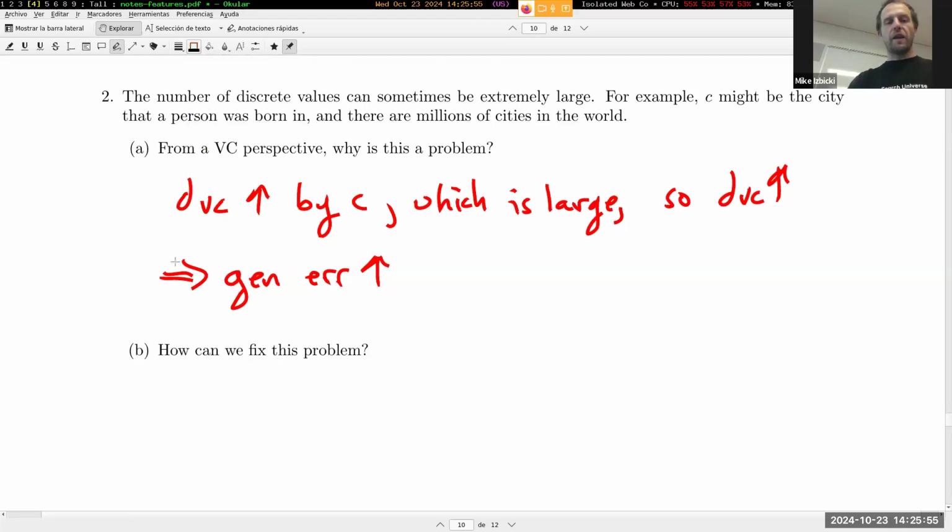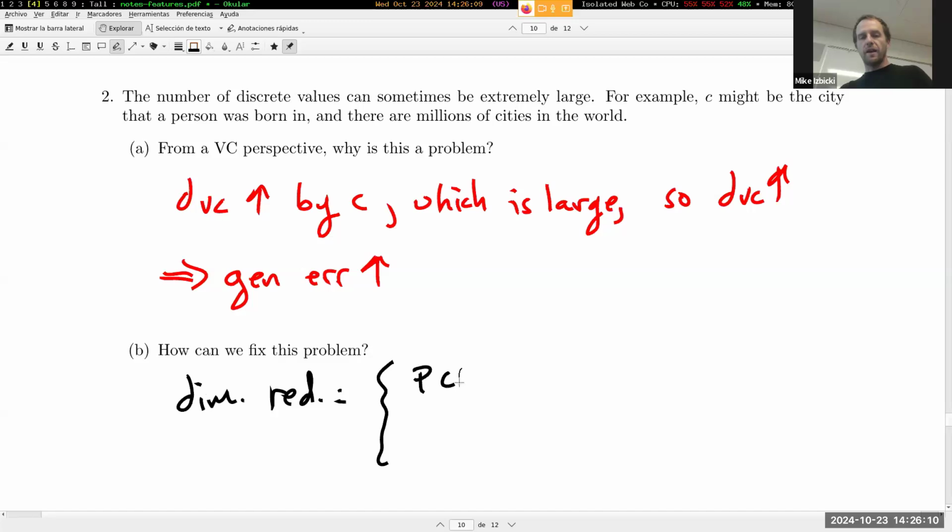Anytime we have a large generalization error and a small in-sample error, the thing to do is dimensionality reduction. And we've seen three techniques now to do that: either the PCA, the random features, or that decision stump hypothesis class.